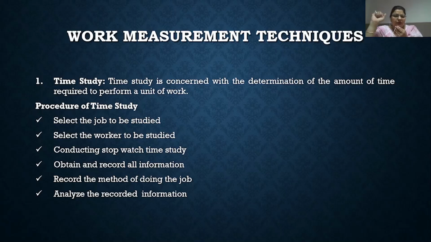Next is to obtain and record all information through the time study. We have to maintain a proper record, calculating every single second in the work measurement, not only hours and minutes.